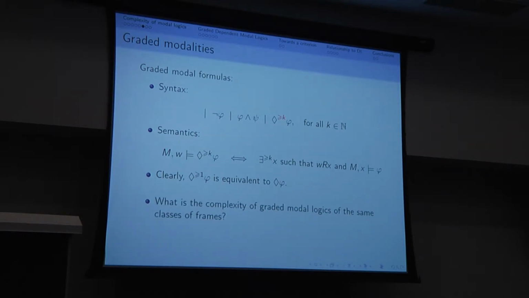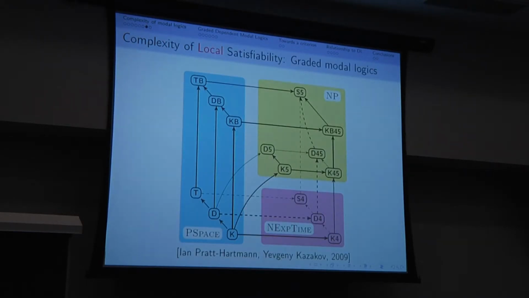So the question arises, what's the complexity of these logics for the same classes of frames, transitive frames, reflexive frames, and so on? Well, the picture was obtained quite recently in 2009 by Ian Pratt-Hartman and Evgeny Kazakov. So here we have again PSPACE, here we have again NP, and here, surprisingly, transitivity gives us another surprise: the complexity of transitive graded modal logics is much higher than that of ordinary modal logics.